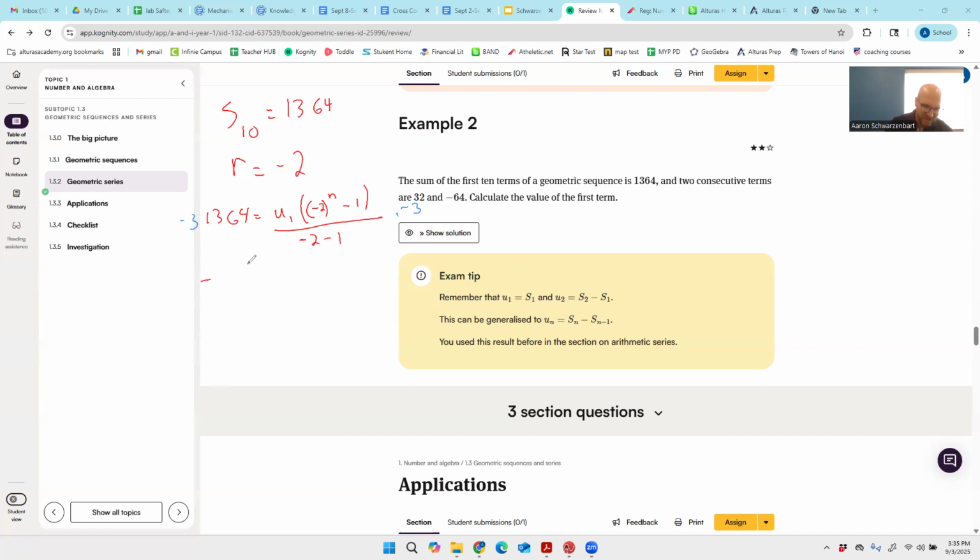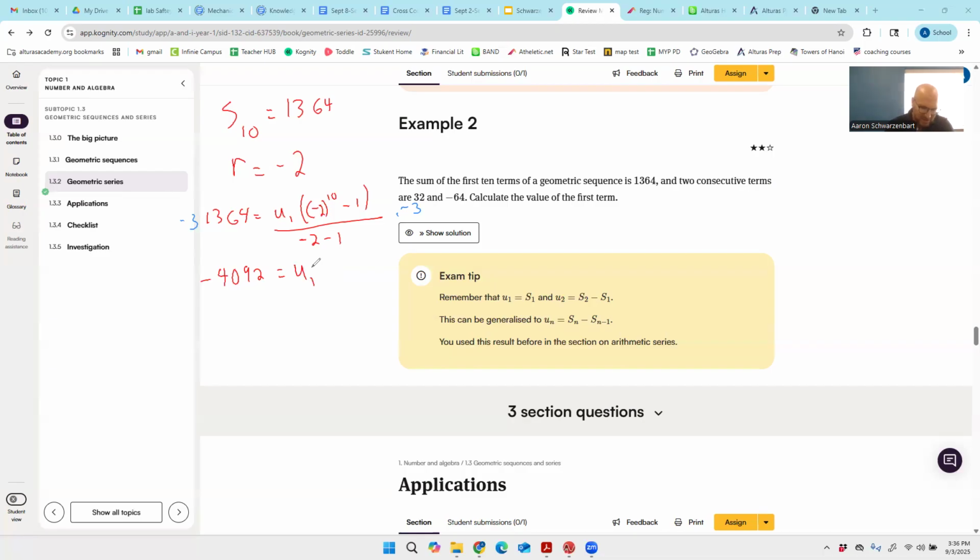And I get negative 4092. Oh, n here is 10. I know this. Oops, it erased too much. Negative 2 to the 10th. So then I've got negative 4092.